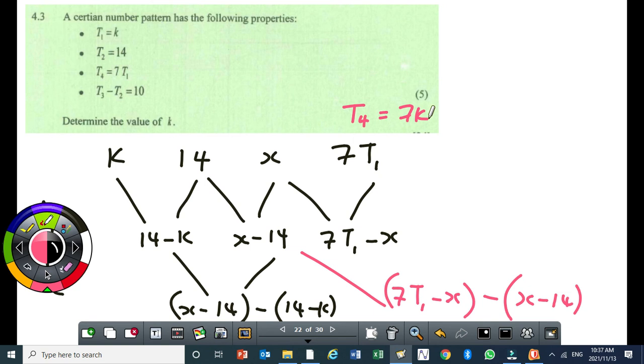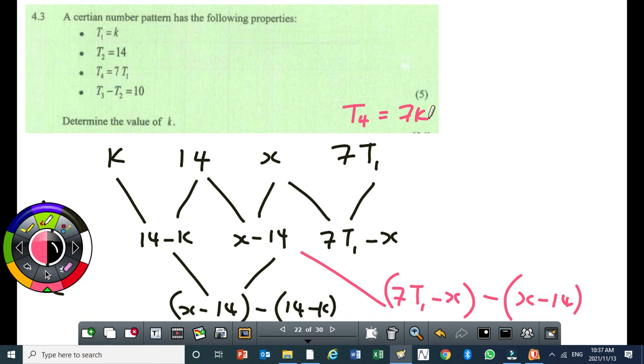Okay? So T4 is going to be 7K. Now, if I substitute T1 there, be aware that this becomes 7K minus X. And this one is X minus 14 minus 1.